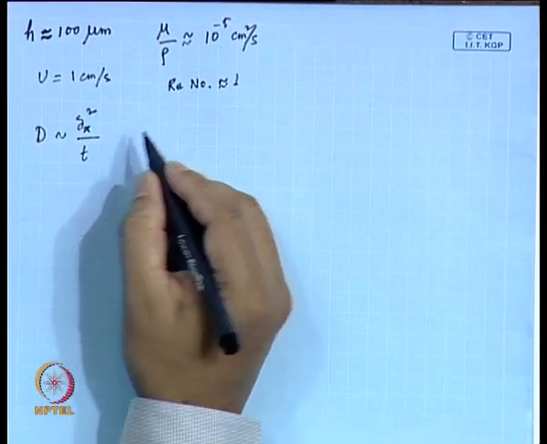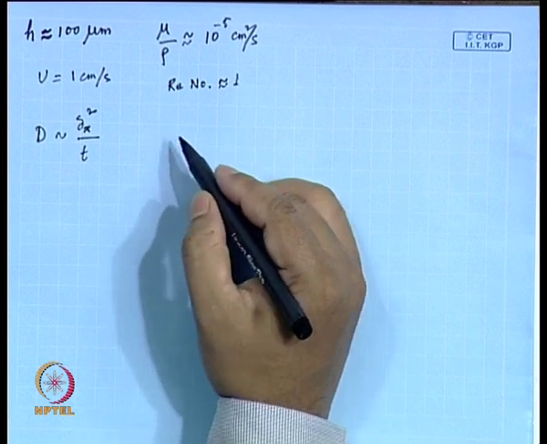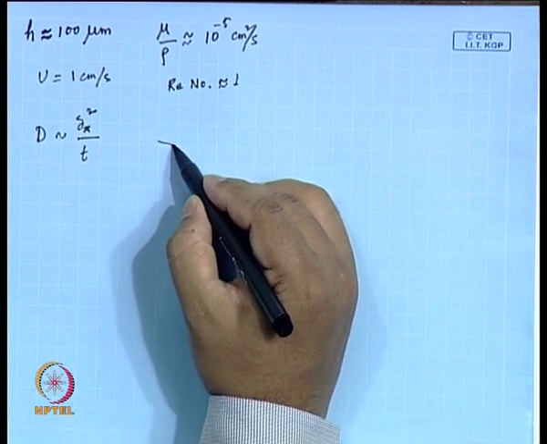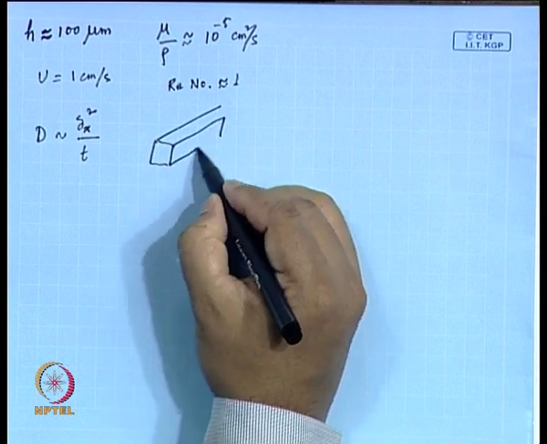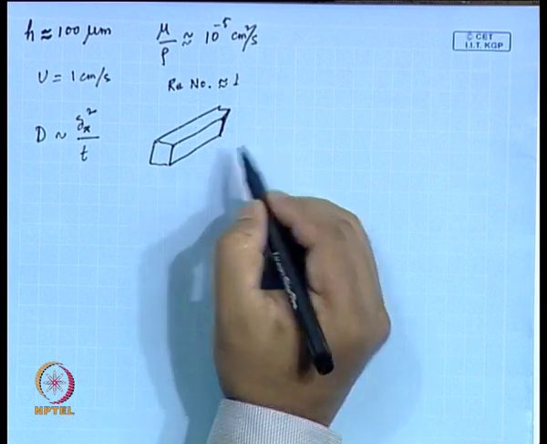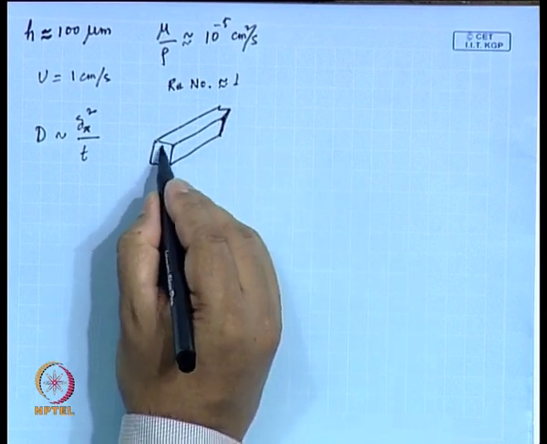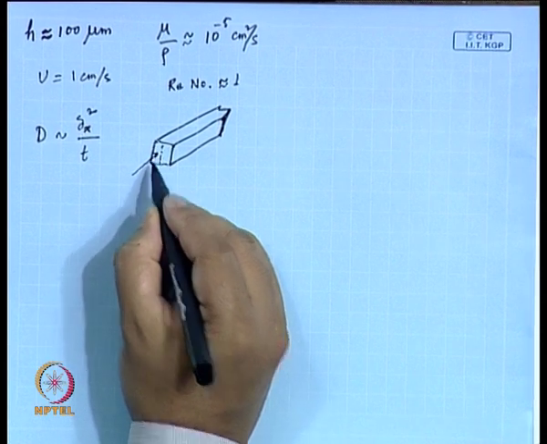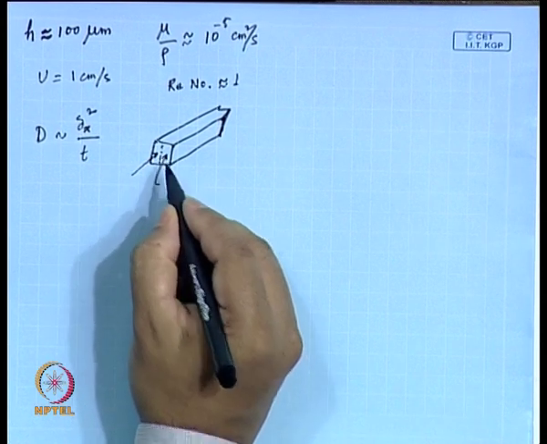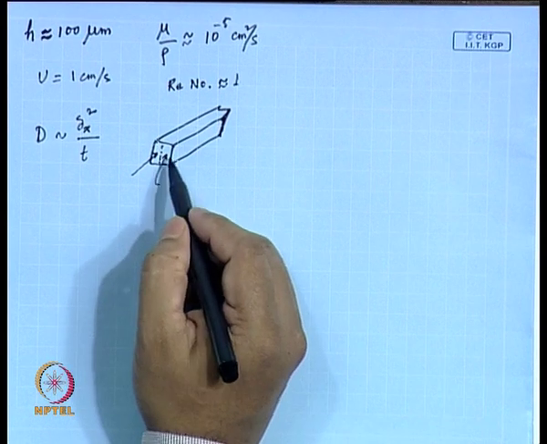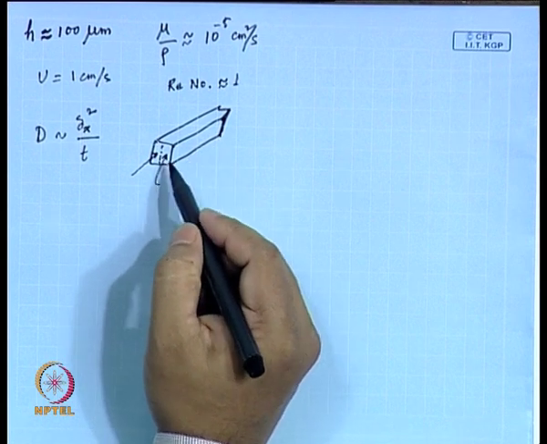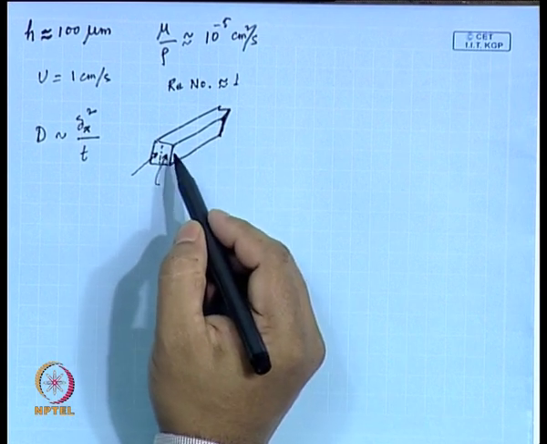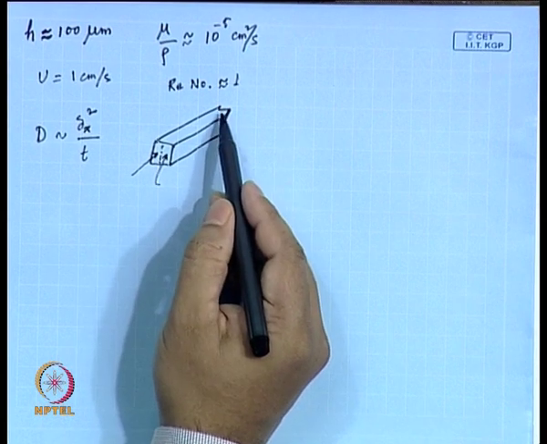Now suppose I have a channel of a certain length, where half of it is a solute stream going in and half is a stream which does not have a solute, and they are flowing side by side. I expect them to mix when it comes out.